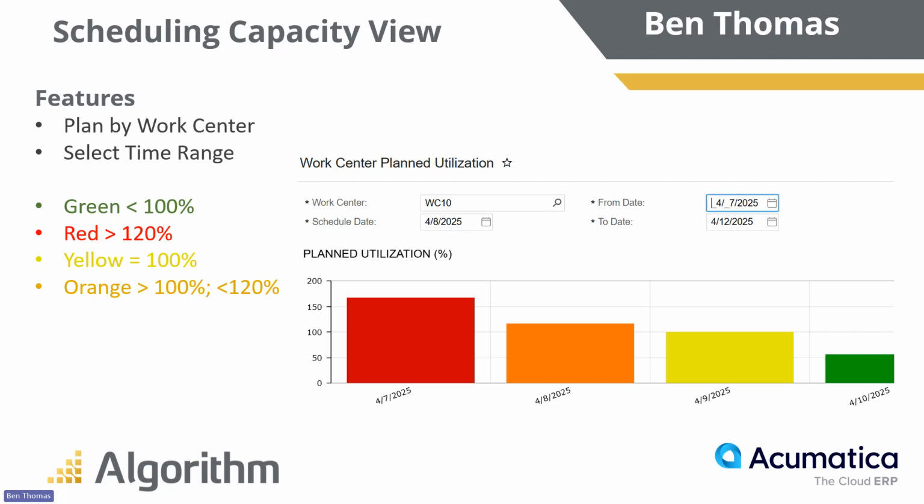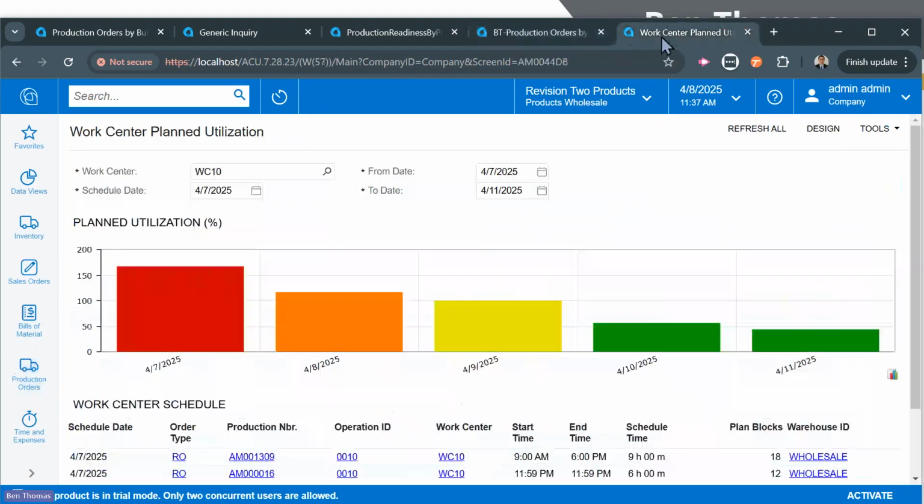Next feature I want to talk about is the scheduling work center capacity view. So yeah, again, very nice. I think pleasing to the eye to come here and just see some quick color coding. It's on a dashboard widget.